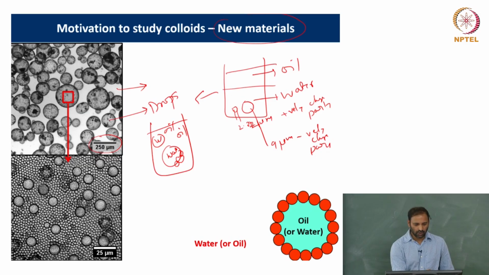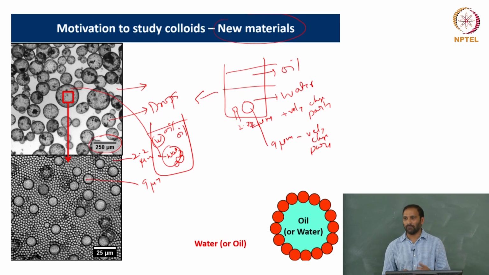So this is a droplet like this, and because these particles are big enough, 2 micrometer and 9 micrometer, I can do microscopy. If I look on the droplet surface, what you have is this nice arrangement of 9 micrometer particles and 2.2 micrometer particles. You are able to emulsify two fluids which otherwise don't mix, I am able to make an emulsion by using particles.